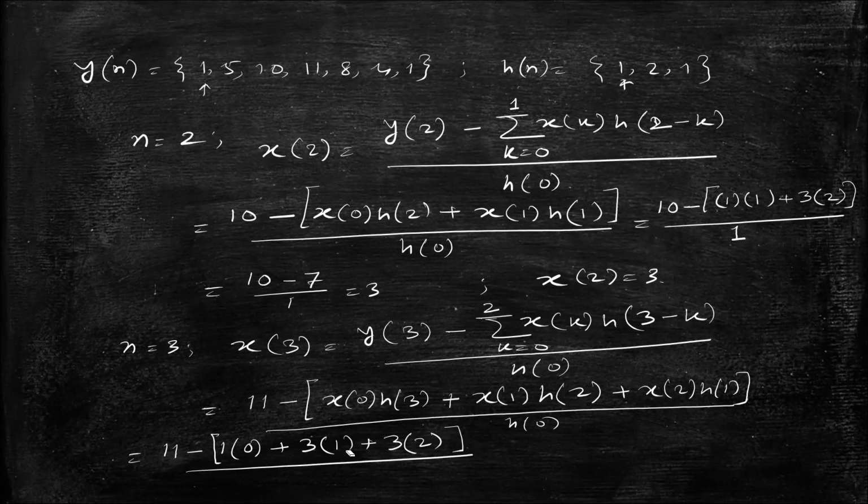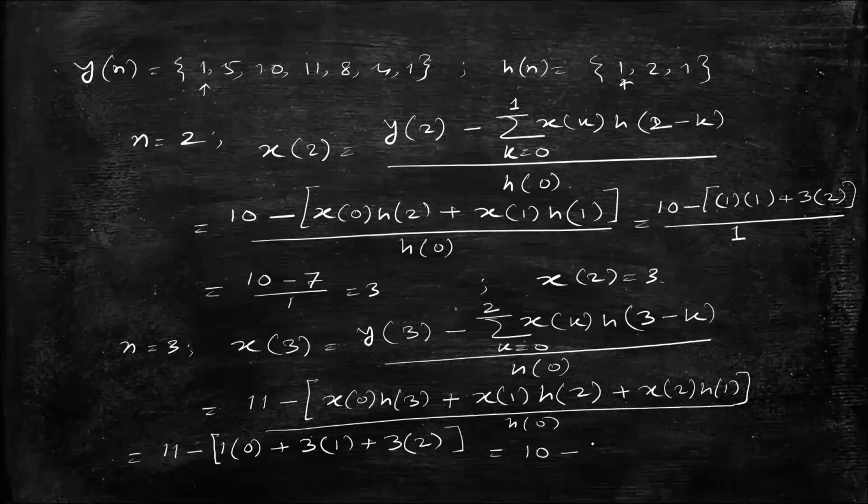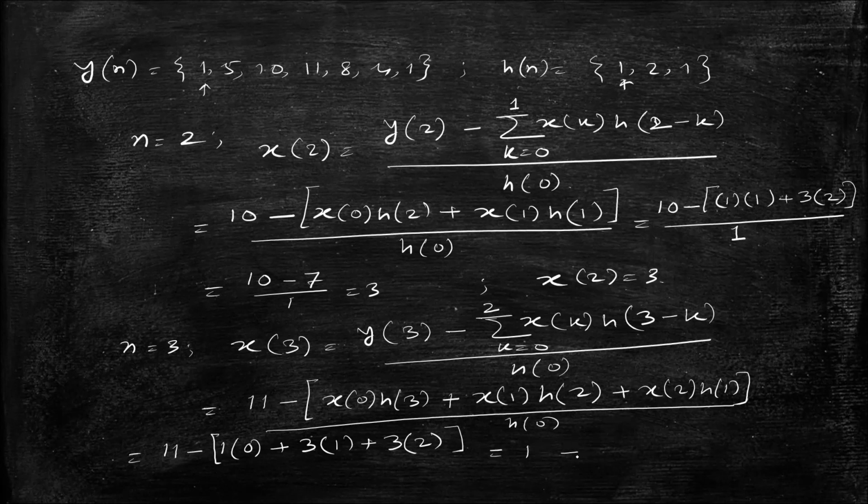Okay, so your 10 minus 0 will become 3 and 6 is 9, sorry 3 and 6, 11 minus 3 and 6 9, so 2. So x of 3 equal to 2.